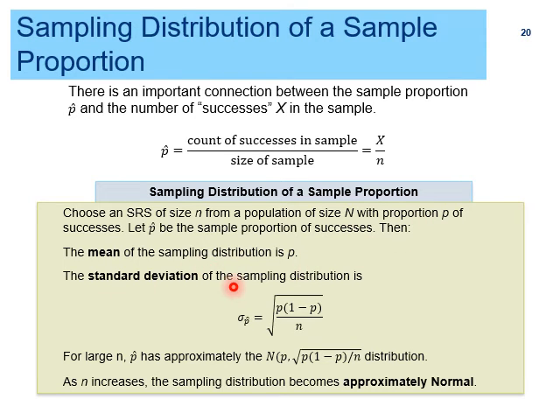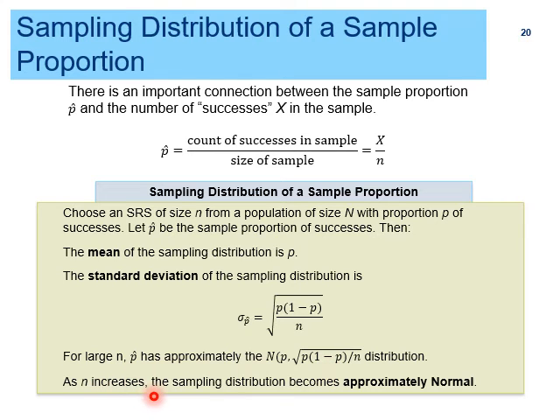When we talk about the standard deviation of the sampling distribution, it will be root of p multiplied by 1 minus p, divided by n. So for large n, that is if the sample size is large enough, then p hat has approximately the normal distribution with mean p and standard deviation root of p into 1 minus p divided by n.